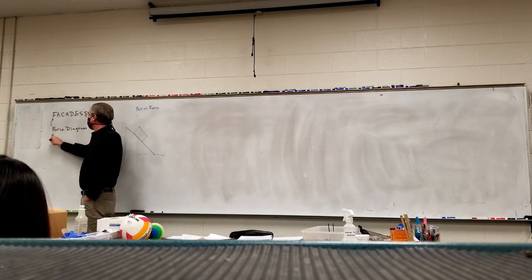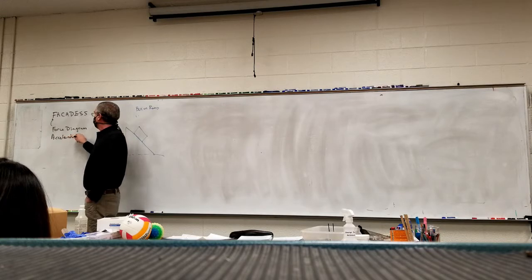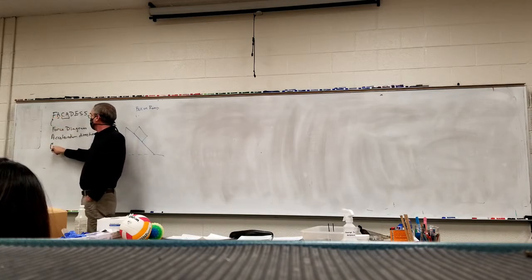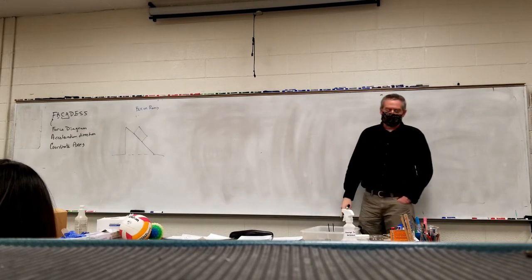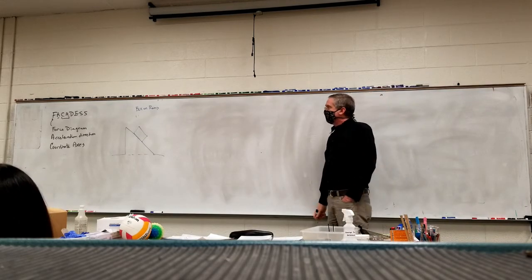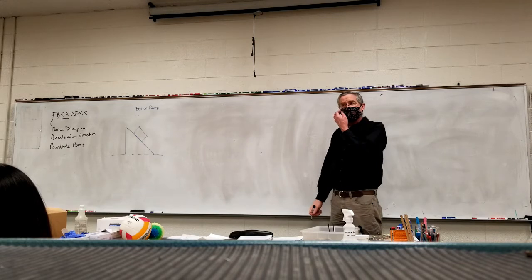A stands for acceleration direction. The C and A go together for the coordinate axes. Picking the right coordinate system will greatly reduce the amount of math you have to do.